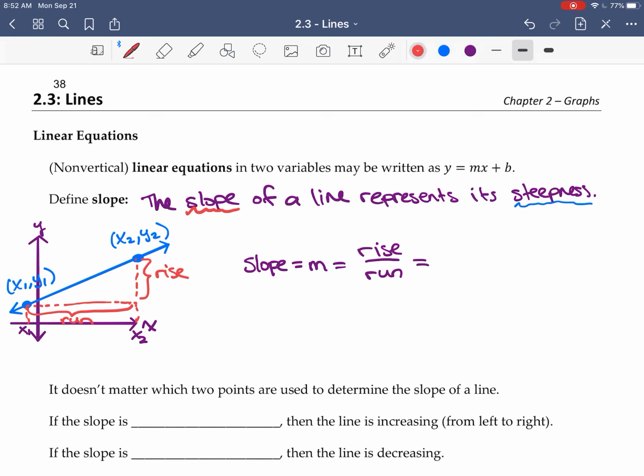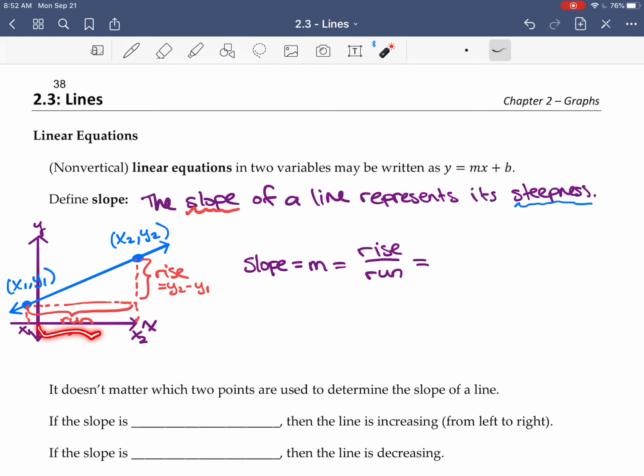To compute the rise, I want the difference in the y values. The way I've drawn it, y2 is this whole height, and I want to get rid of this height down here, which is y1. So I'm going to do y2 minus y1. It works the same way for the x's, even though one of my x's is negative.